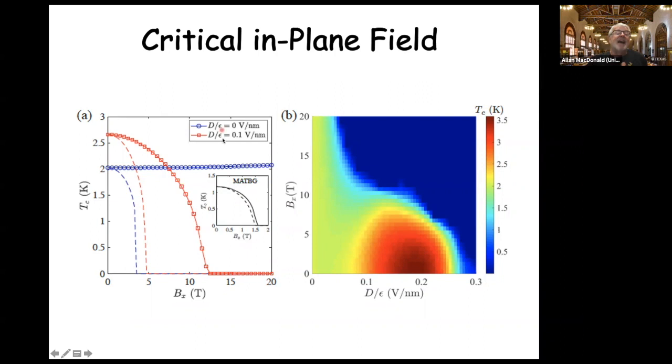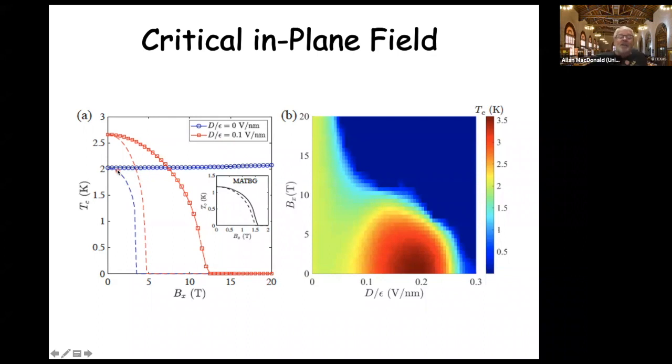The red lines are what happens when you add a displacement field. The displacement field, an electric field perpendicular to the trilayer structure, destroys this parity symmetry. And once you do that, an in-plane field will have a pair breaking effect and destroy superconductivity.